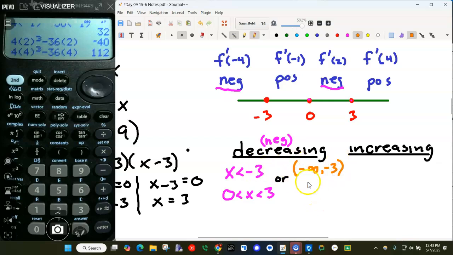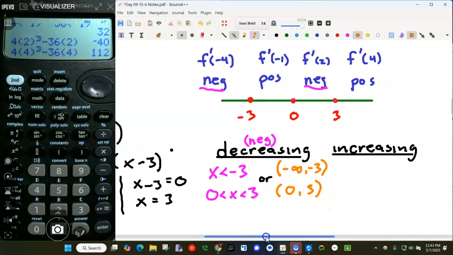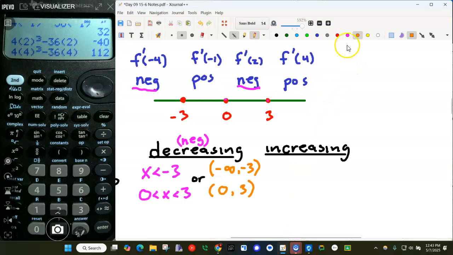These mean the same thing. And how can you write that with here? Between 0 and 3, that's just this, from 0 to 3. And we should be using parentheses because at 0, the slope is 0. It's not increasing or decreasing. Same thing at 3.